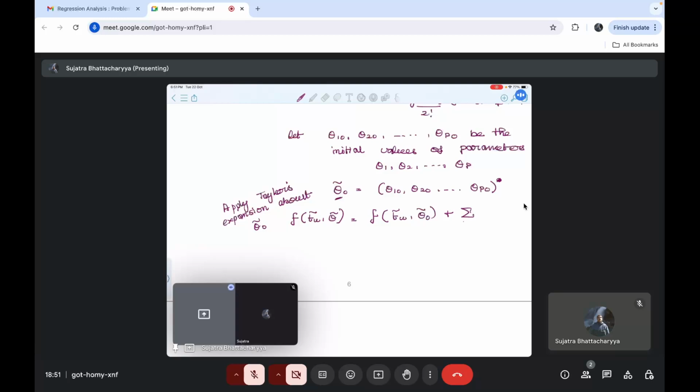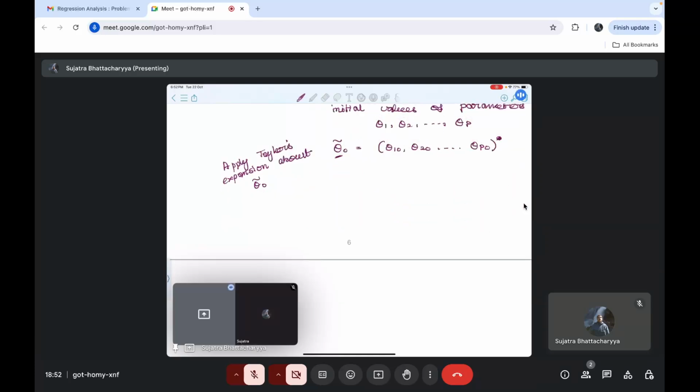Why summation? Because there are several parameters, so there will be several differentials. It will be ∂f divided by ∂θ_i, because there are i parameters.